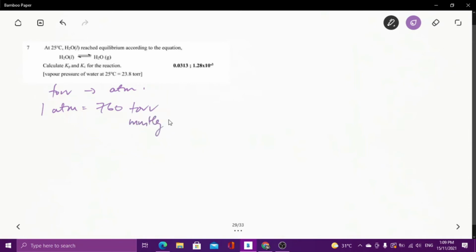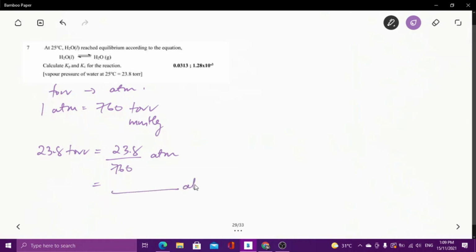So torr ni nilai dia sama macam mmHg. Okay, so you have to convert it in terms of atm first. So bermaksudnya kat sini 23.8 torr, nak jadikan dia bersamaan dengan atm, kita akan bahagikan 23.8 divided by 760 mmHg or torr lah. So baru kita dapat in terms of atm. So dapat atm, nilai dia boleh cuba kira.